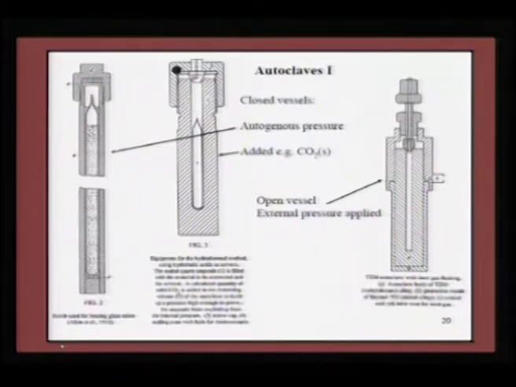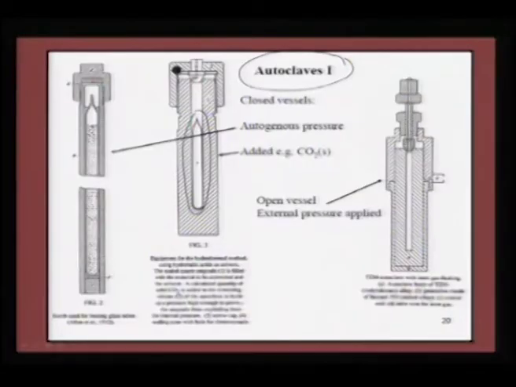I will also show you different facets of the autoclaves that are used. This is one range of autoclave where you have a quartz tube which is sealed, and the sealed tube is kept inside a bomb or an autoclave, where you can use a secondary system like carbon dioxide.